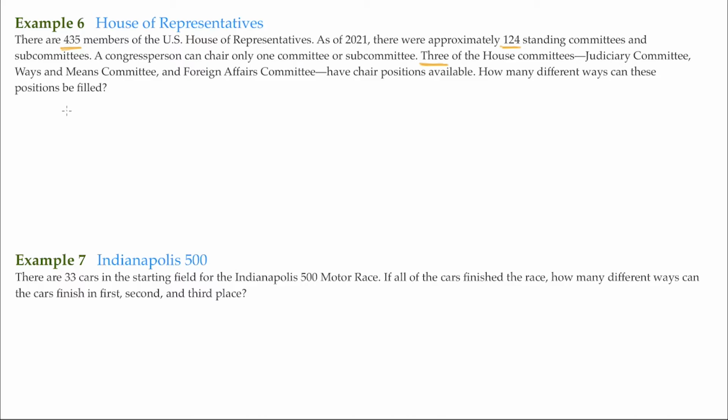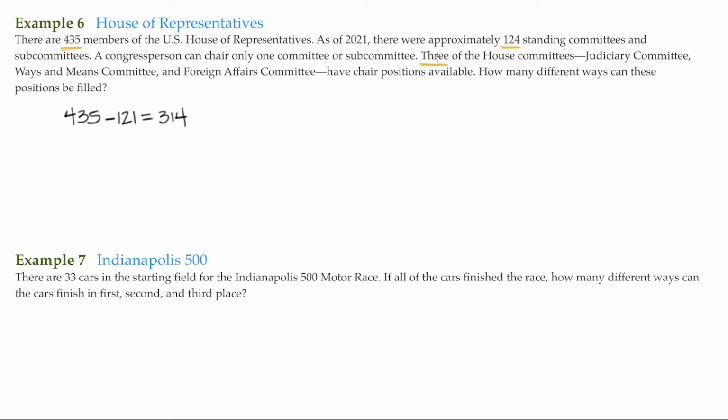So of the 435 members of the House, 121 of them already chair some sort of committee. So that gives us 314 members to choose from to fill these remaining 3 committees.